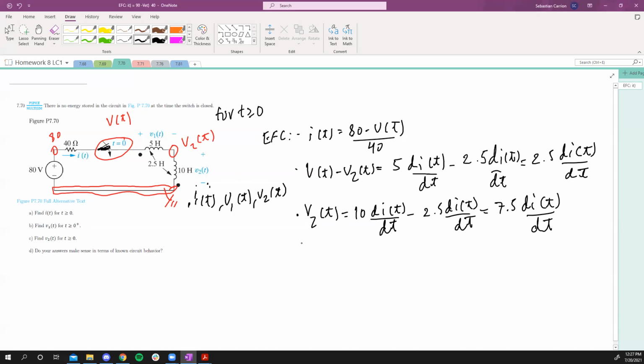So v(t) minus 7.5 di(t)/dt is going to be equal to 2.5 di(t)/dt. So v(t) is going to be equal to 10 di(t)/dt, right?